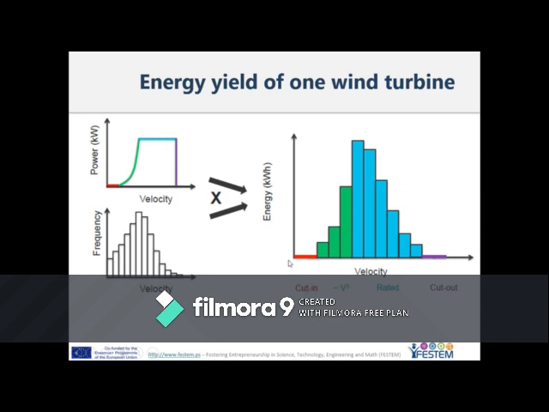We have a cut-in speed, which is the minimum speed to produce energy, and the cut-out speed, which is when the turbine turns off due to the danger of high wind speed.